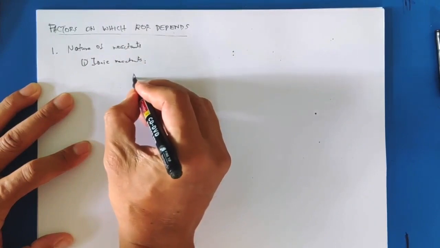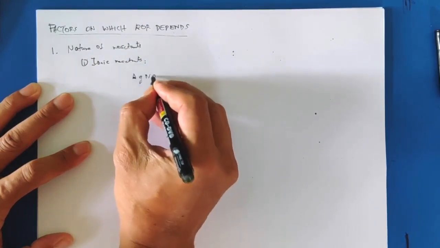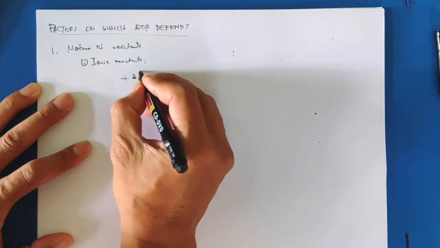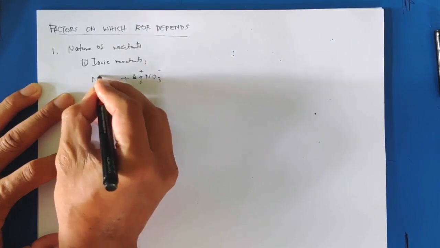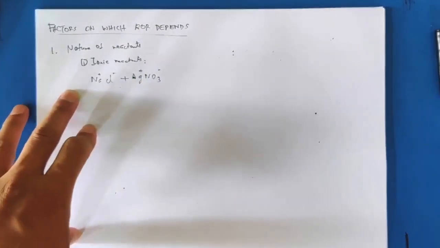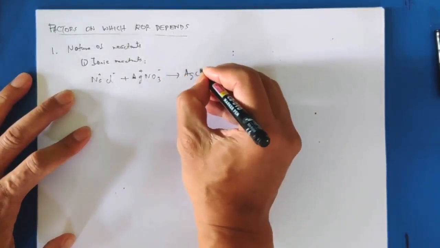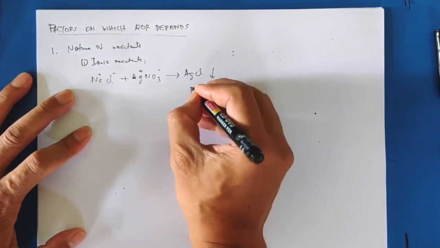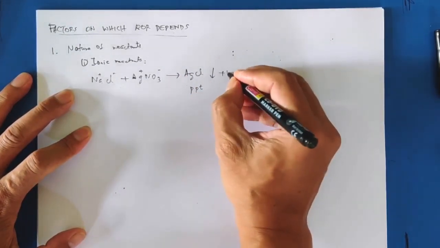Then again, silver nitrate gives Ag plus and NO3 minus; NaCl gives Na plus and Cl minus. These are all ionic compound reactions. AgCl, a precipitate, forms very fast, plus NaNO3, right?